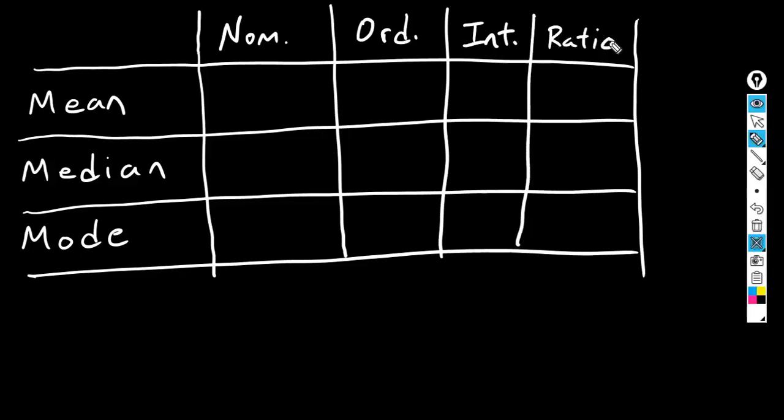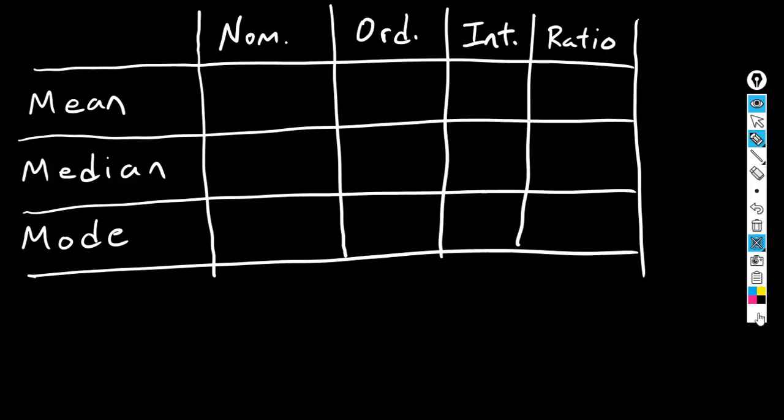If we don't remember that, those are nominal, ordinal, interval, and ratio. Some of these are more appropriate than others for our different measures.